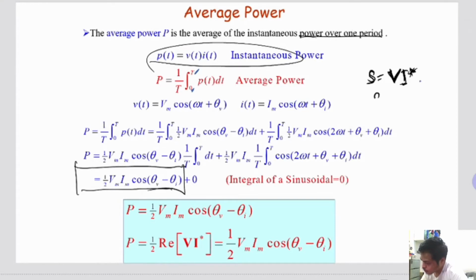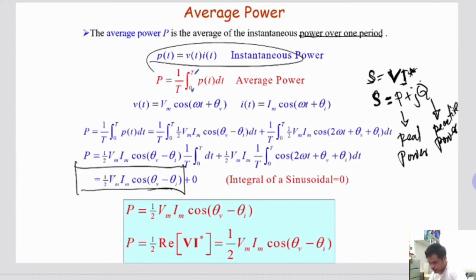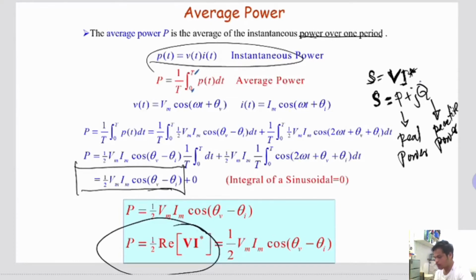Our apparent power is also given as P plus jQ, where P is your real power and the imaginary part Q is your reactive power.